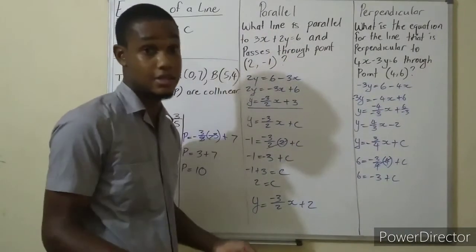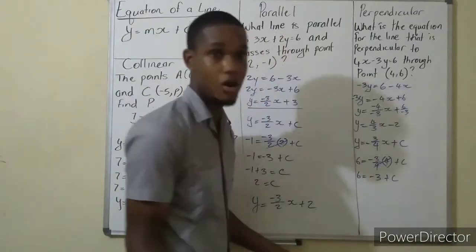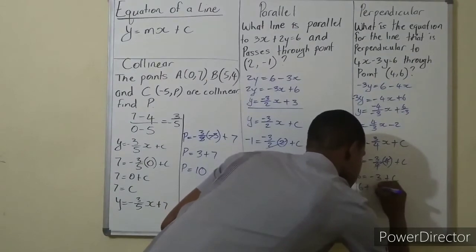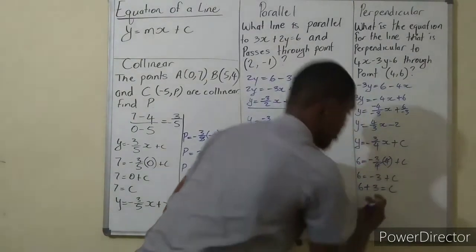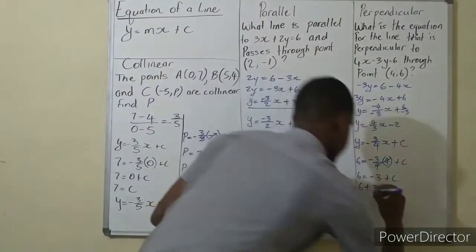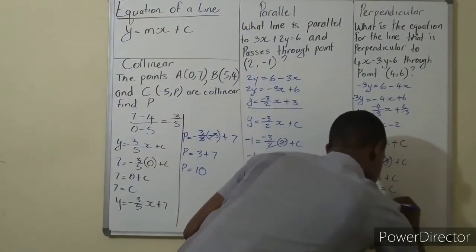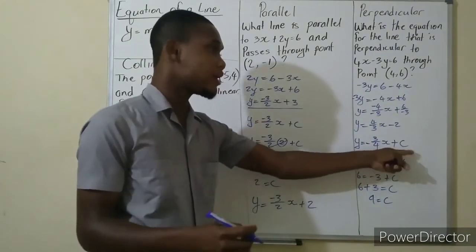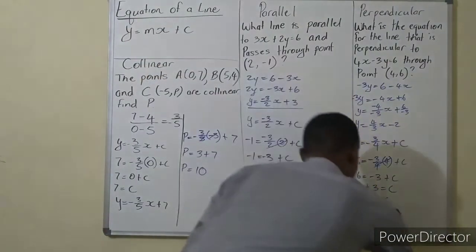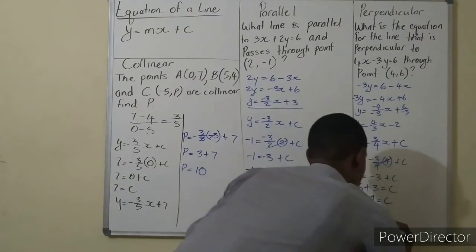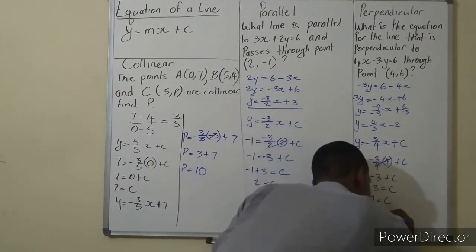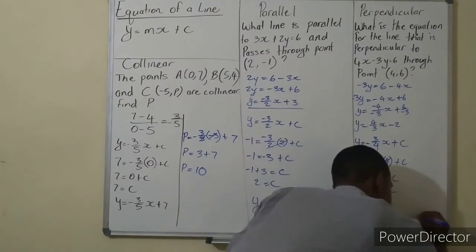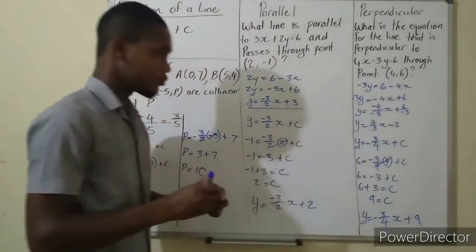You are trying to find c, or the value of your constant. So 6 plus 3 is equal to c. So 6 plus 3 gives you 9, equals c. So if c is equal to 9, it means you're going to put your 9 where you have your c. So y is equal to negative 3 over 4 x plus 9, because that's the value of c.